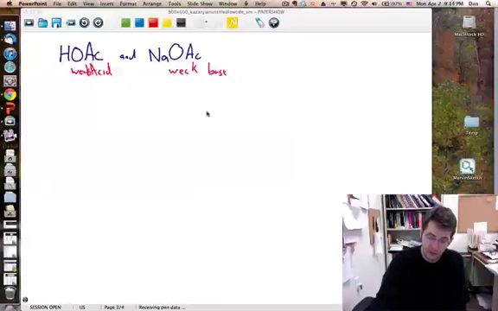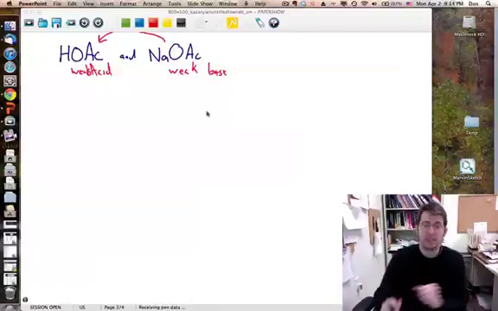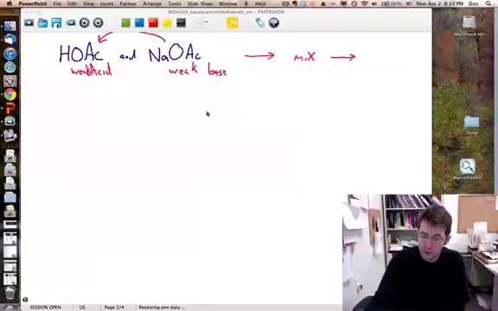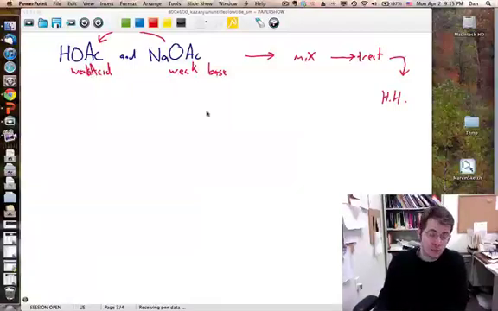Again, a weak base that is the conjugate base of this acid. Remember all that time we spent figuring out which is a conjugate acid, which is a conjugate base. This is where it pays off. And then you mix them. And we can then treat them with our weak acid assumptions, or what we're going to talk about in a second or two, we'll use something called the Henderson-Hasselbalch Equation, which will greatly simplify our lives.